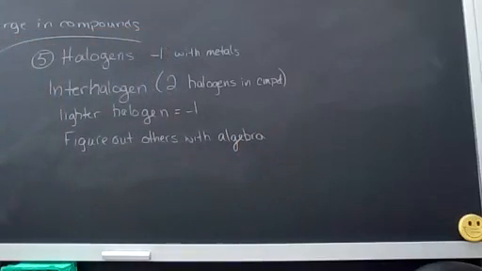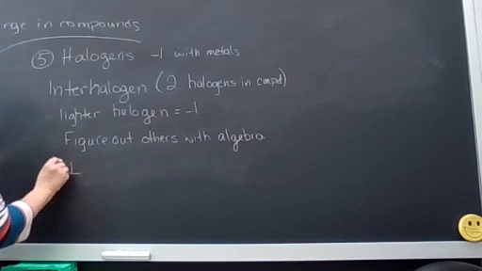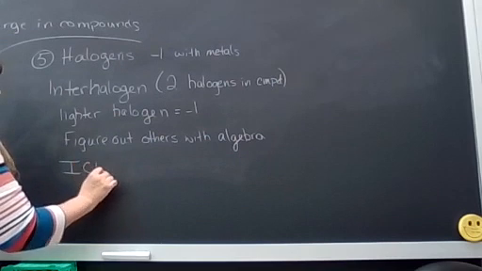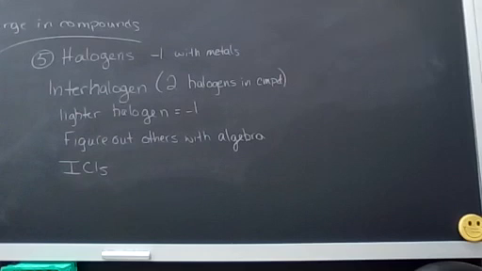Okay, so what does that look like? Remember that in compounds, it's going to add up to whatever the overall charge is. So if I have iodine pentachloride, I'm first going to ask myself, which is the lighter one, iodine or chlorine? Chlorine is higher up on the periodic table. So chlorine gets to be a -1.